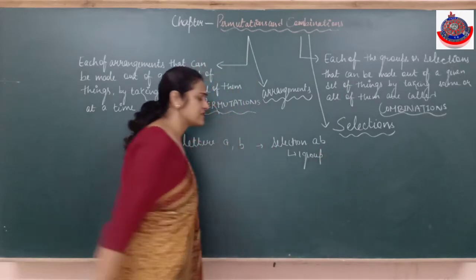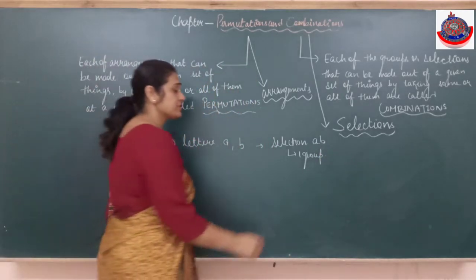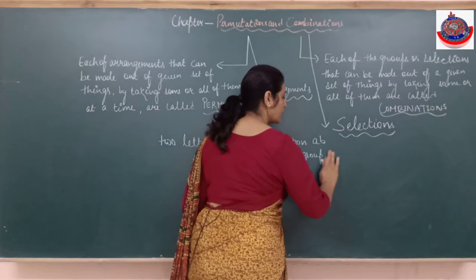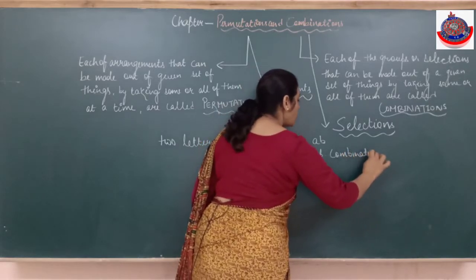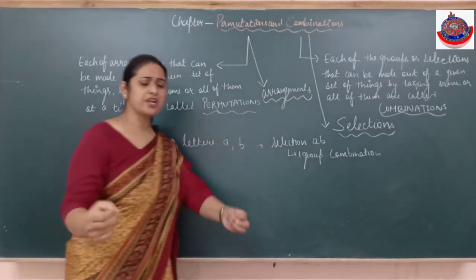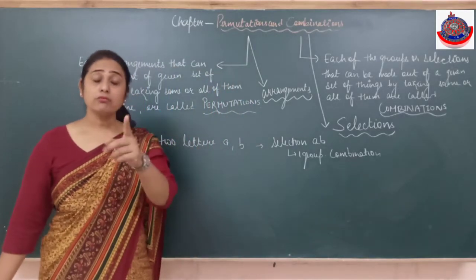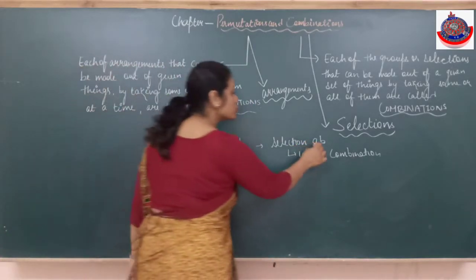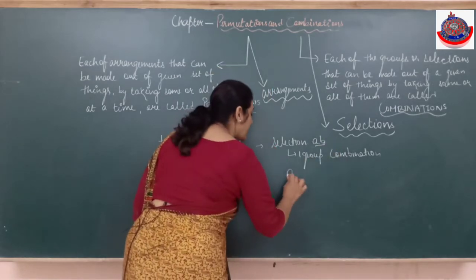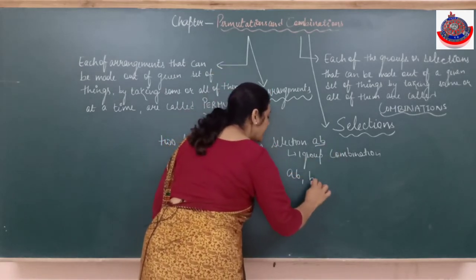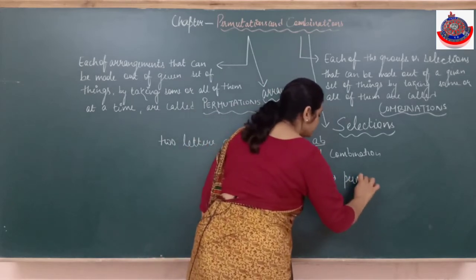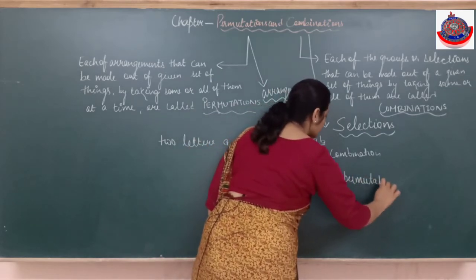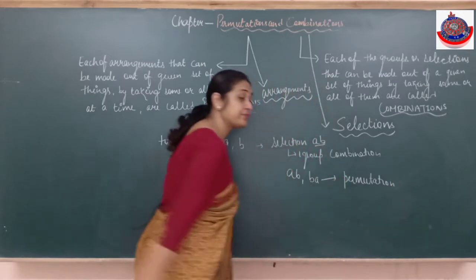How it has come doesn't matter. That's my combination. Alright. But now, I said I have chosen 2 children and given it to you. Now, your duty is to arrange it. So these 2 can be arranged as AB, or it can be BA. This is called permutation. Clear?